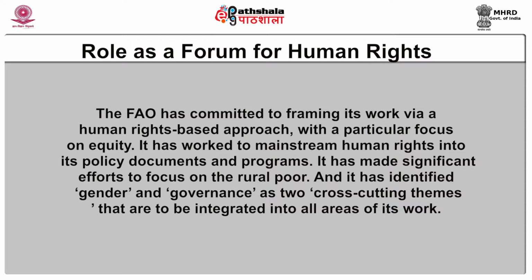It has made significant efforts to focus on the rural poor, and it has identified gender and governance as two cross-cutting themes that are to be integrated into all areas of its work.